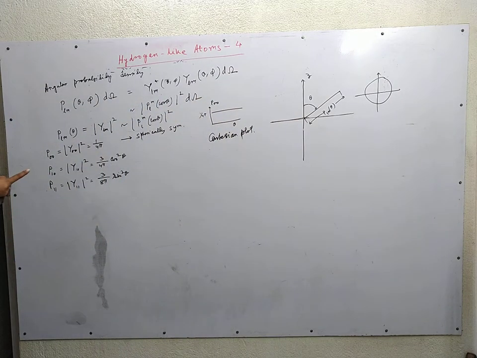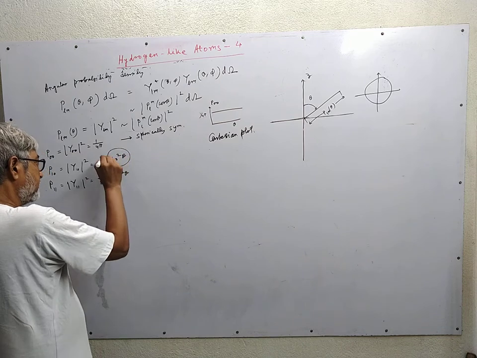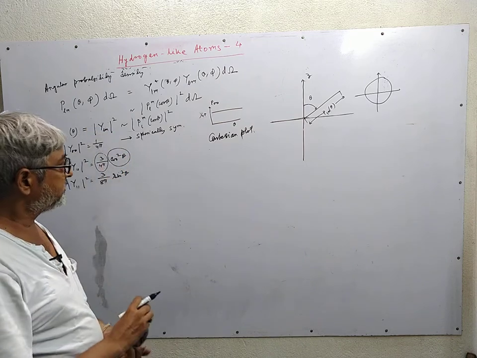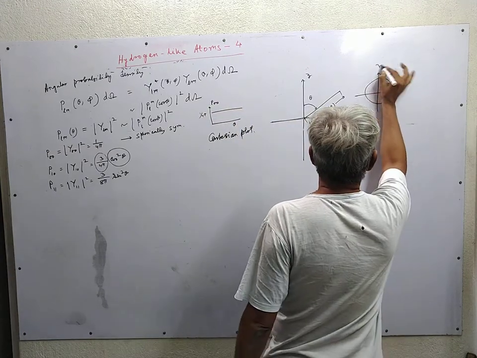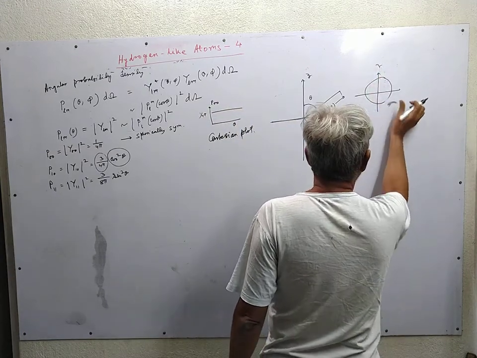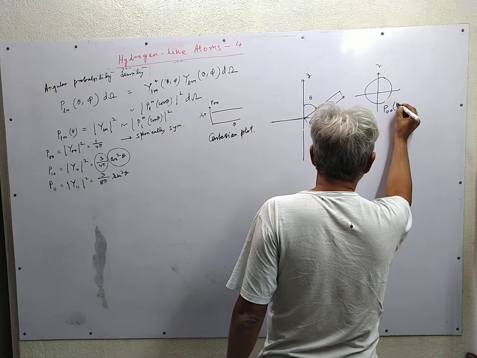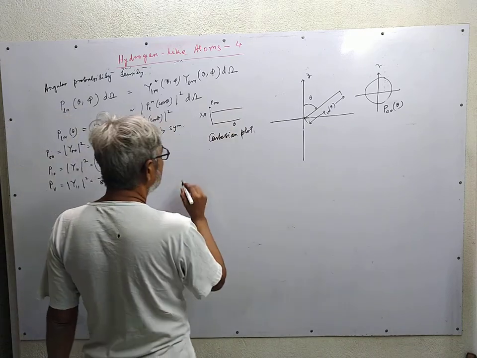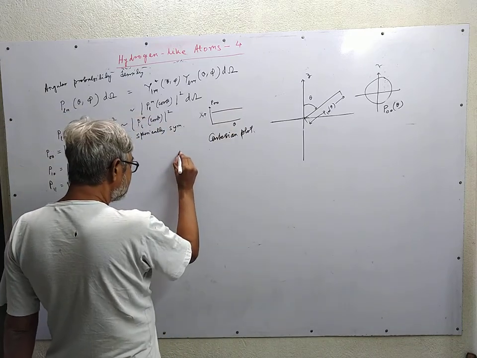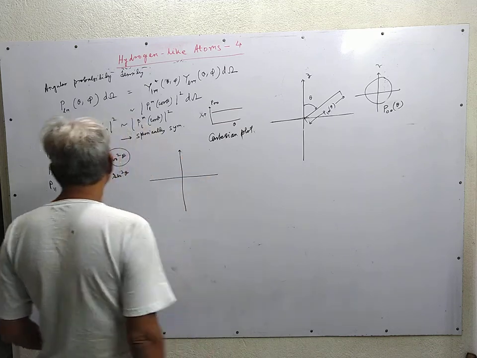Now coming to this one, we are considering only this part and leaving apart this numerical factor. This is the polar plot, this is the z-axis, and this is P00(theta). Now this is the z-axis and this is the x-axis.